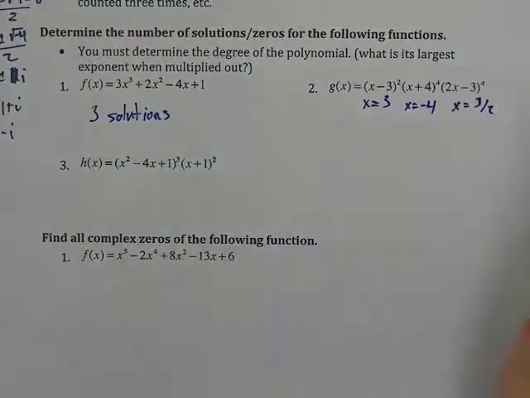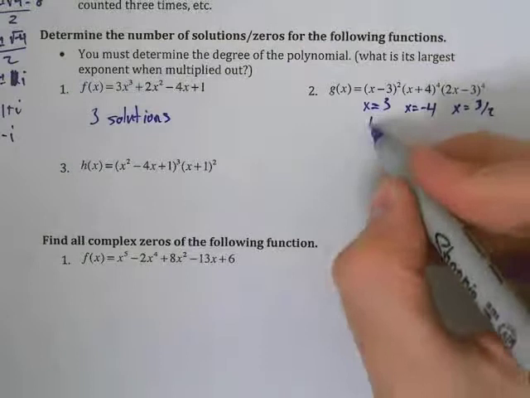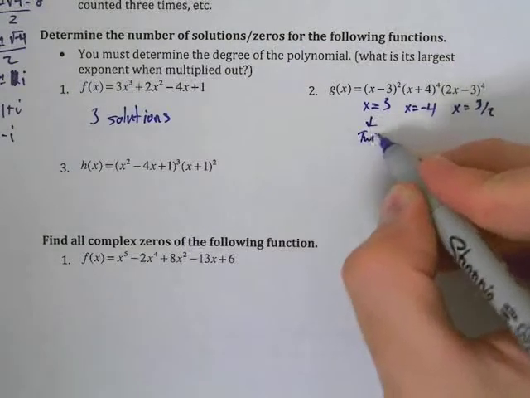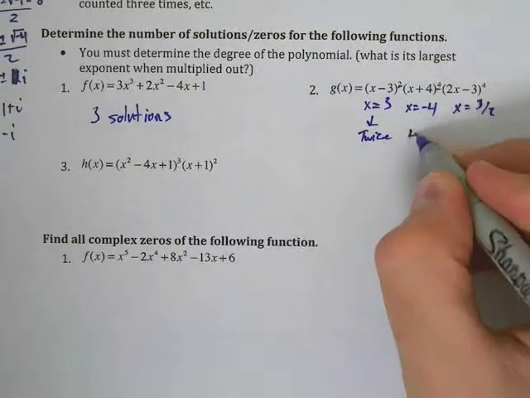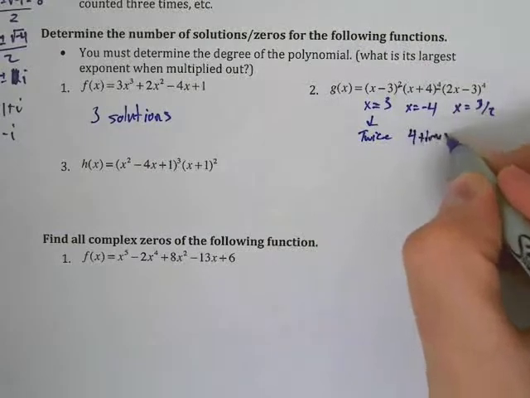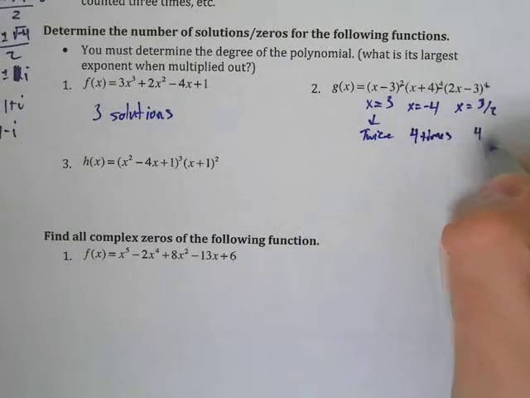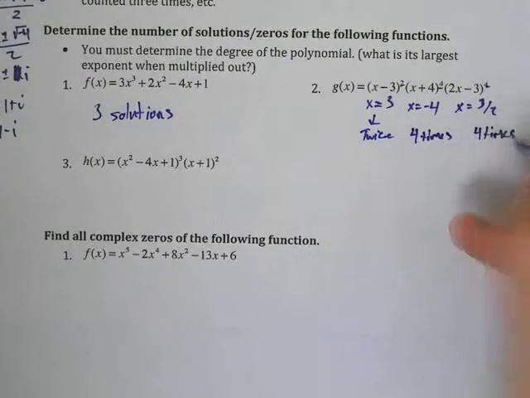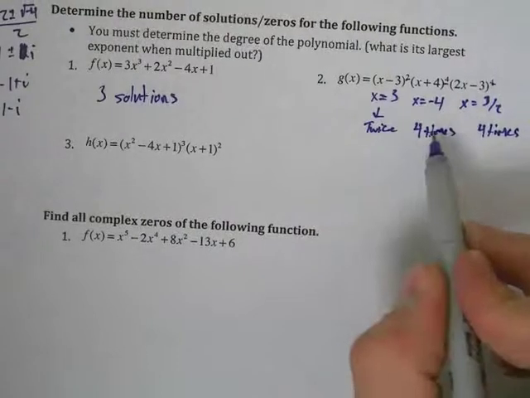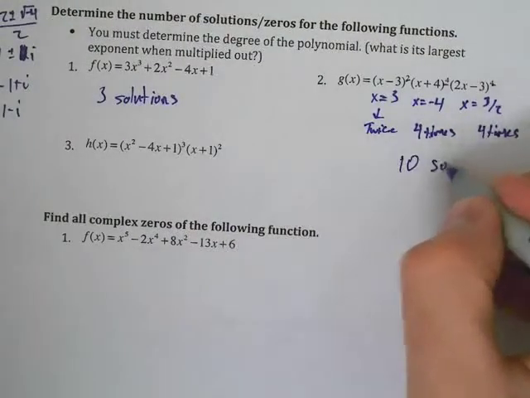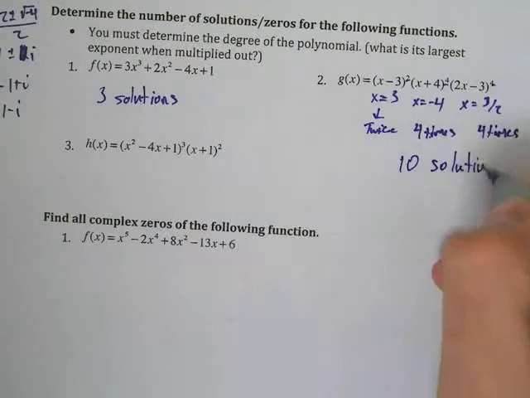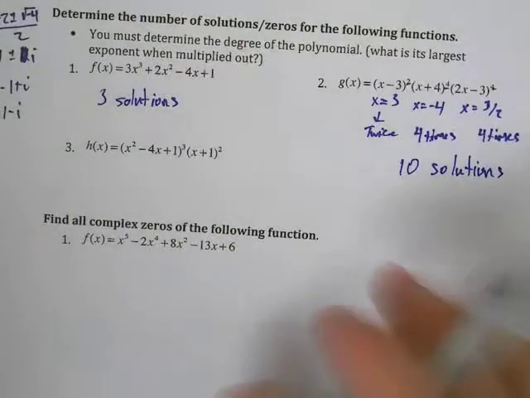And you have to think to yourself, well, how many times are each of those repeated? Okay, this one is twice, because it's got the 2. This one is 4 times. And this one is 4 times. So really you have 1, 2, 3, 4, 5, 6, 7, 8, 9, 10. You have 10 solutions. Because remember, we're counting the repeated ones however many times they're repeated.